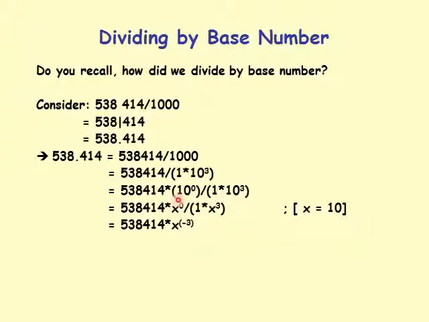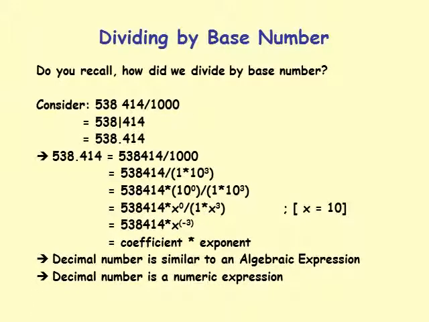From the exponent of the numerator, we subtracted the exponent of the denominator, 0 minus 3. So it's of the form coefficient times the exponent. This is the coefficient part and this is the exponent part.